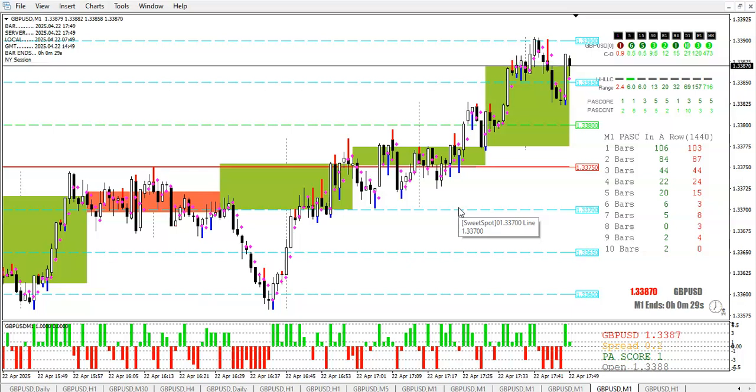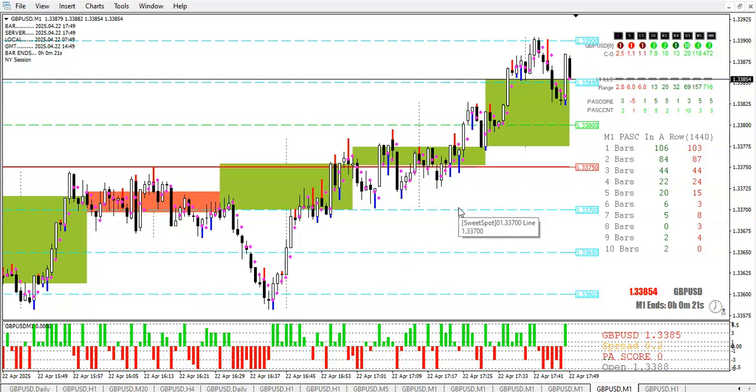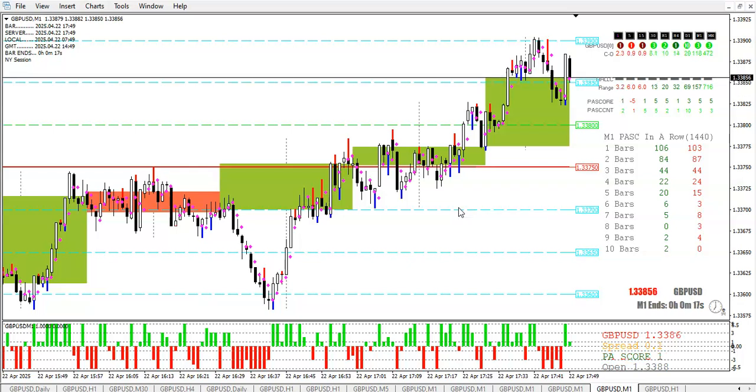And so I can use these indicators telling me what to do, what not to do, just based on the score, based on the count.